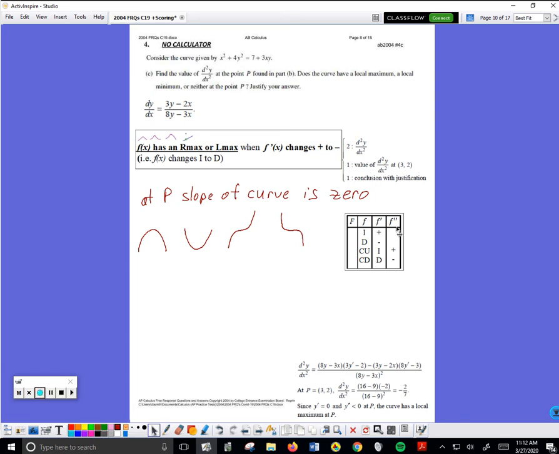So we found that at P, the slope of the curve is 0. We also know at P, second derivative has a value of negative 2 over 7.